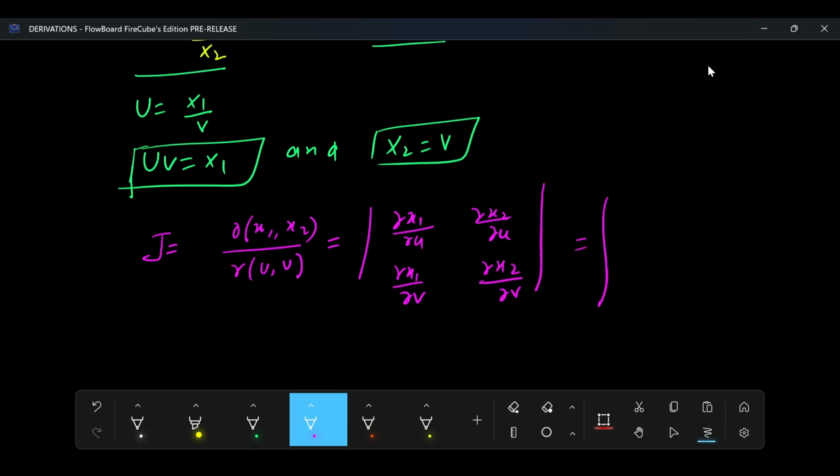Clear? So what is del x1 upon del u? That's partial differentiation of x1 with respect to u. The differentiation of u will be 1. So what remains here, v is constant so it comes out, del u upon del u is 1. So this gives me v.